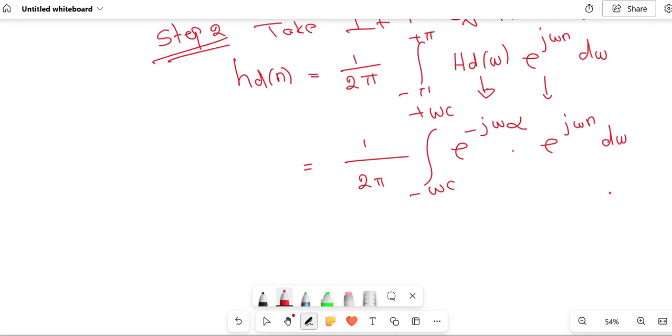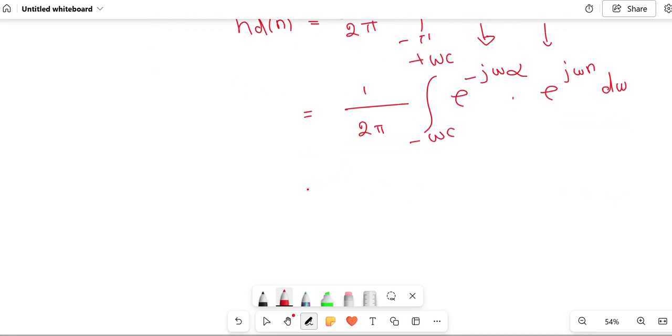Okay, step by step we show. So 1 by 2 pi, minus omega c to plus omega c, e power j omega, common term n minus alpha, d omega.